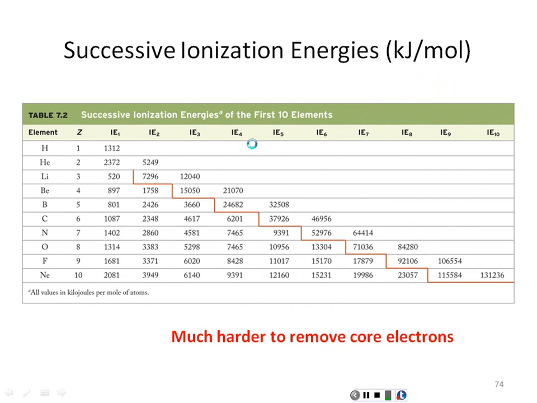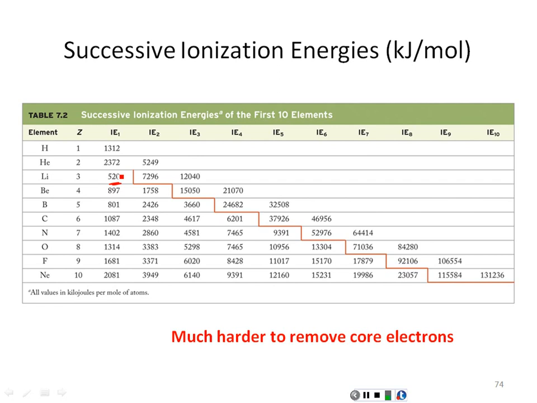So we can also talk about successive ionization energies. When we look at this, let's try lithium. Lithium has a pretty low first ionization energy. You're removing the 2s1 electron, and then you're left with a stable core of electrons.